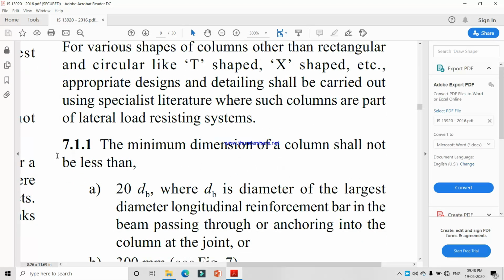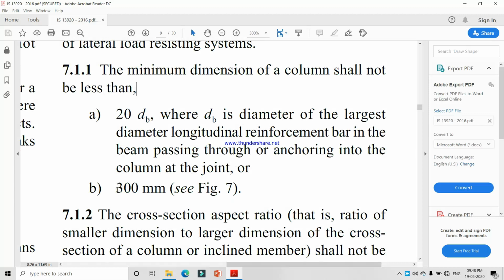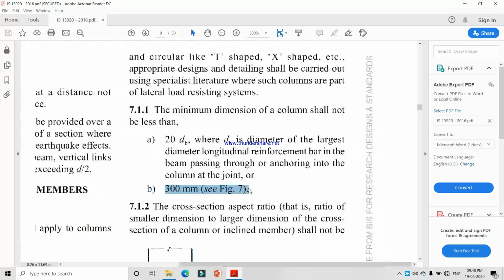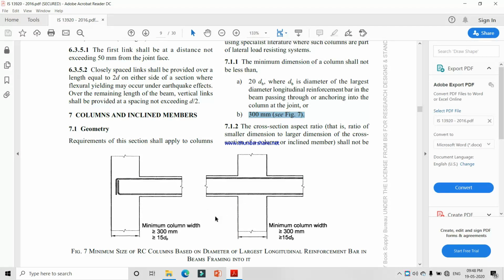The minimum dimension of the column should not be less than 20 times the diameter of the largest diameter longitudinal reinforcement bar, and second is 300 mm. These are the minimum dimension criteria of column: 20 times largest diameter and 300 mm.